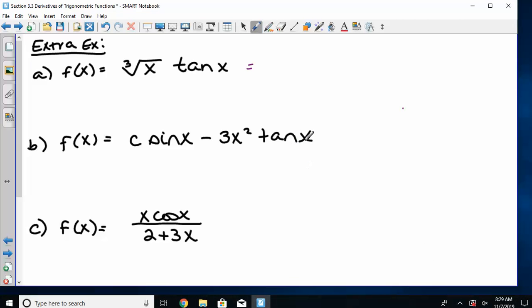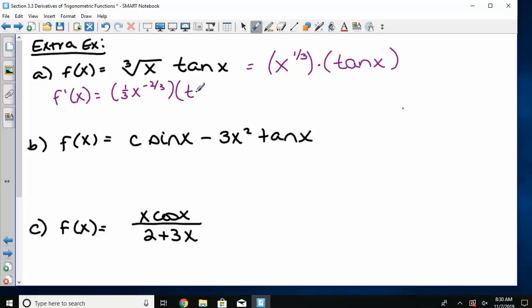So the first, you would have to rewrite the cube root as x to the 1/3. And then what we have is a product. We have an x times a tangent of x. So we have to do the product rule. So product rule says derivative of the first, so that would be 1/3 x to the -2/3 times the second, plus the first times the derivative of the second.